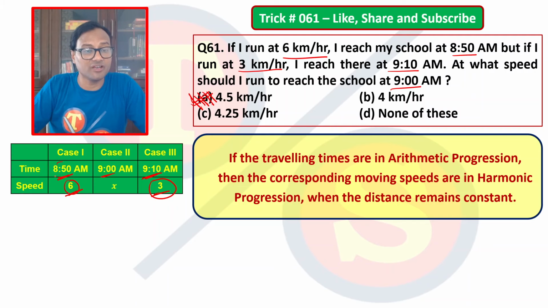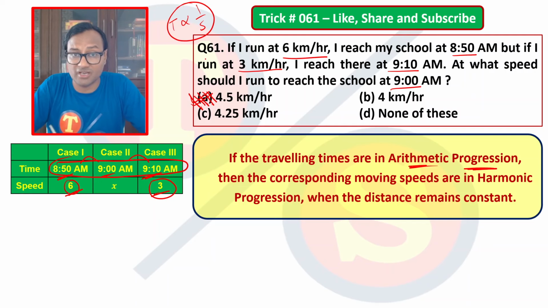The idea over here is that your times are in arithmetic progression. You can see that the differences between the times are the same, so they are in arithmetic progression. But we know that whenever the distances are the same, time is inversely proportional to speed, or speed is inversely proportional to time. So if the traveling times are in arithmetic progression, then the speeds must be in harmonic progression, the reciprocals.